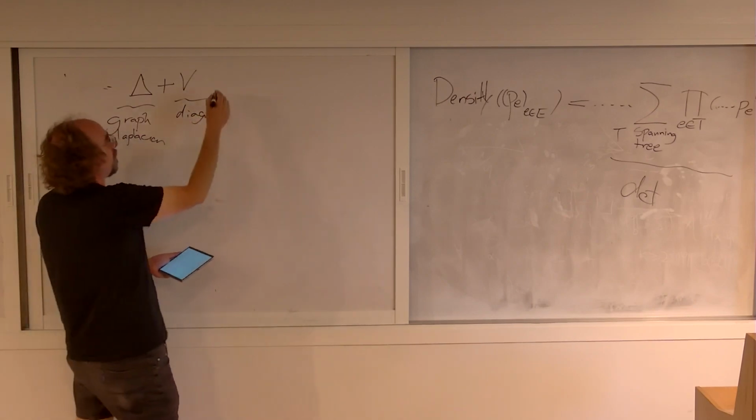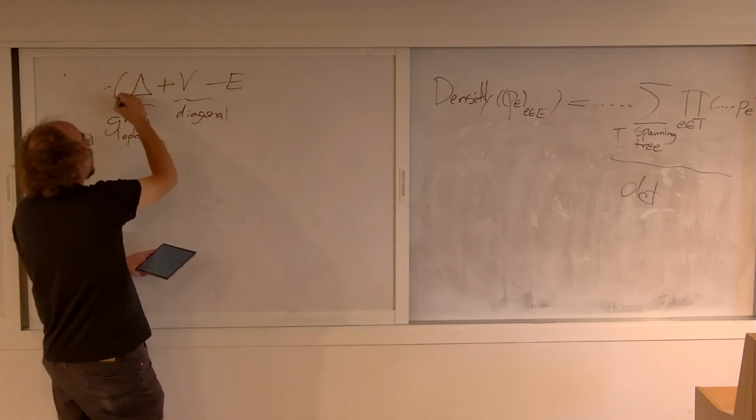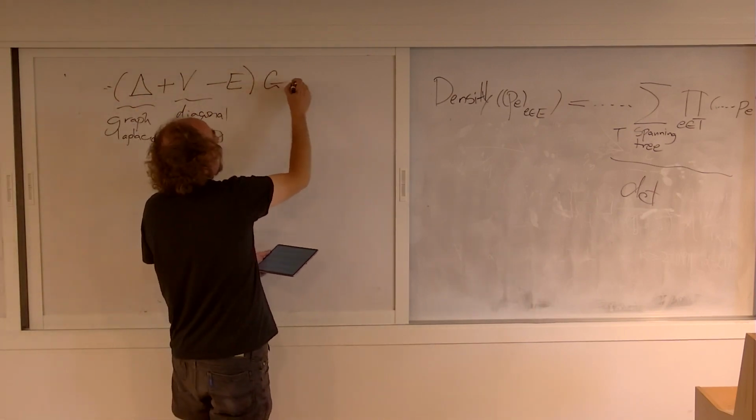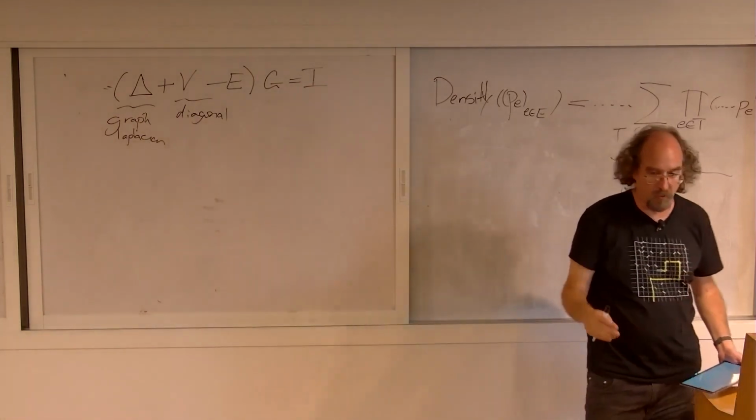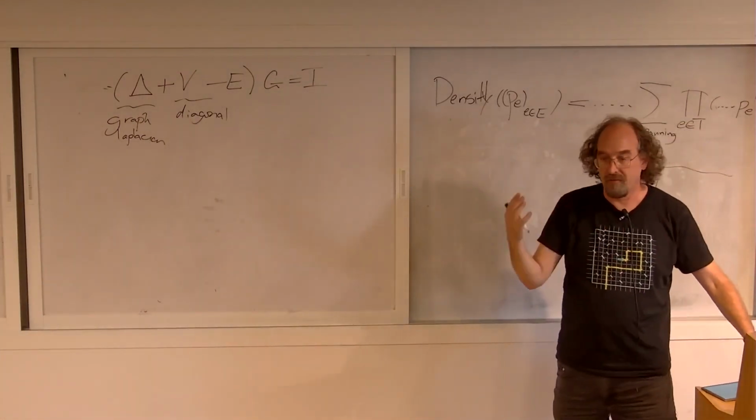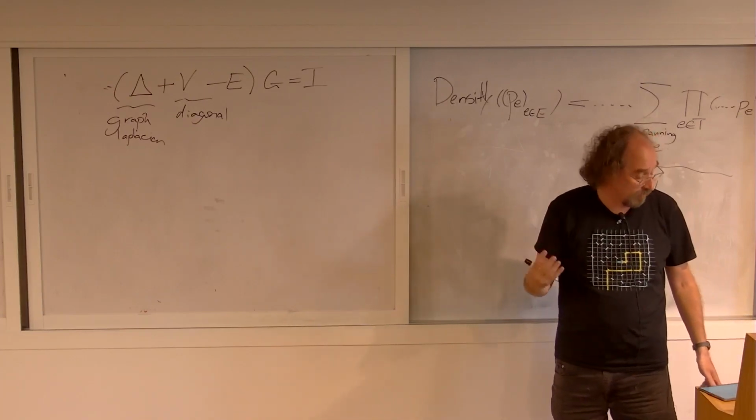Let's subtract also the energy. And the Green function is just defined by inverting the Hamiltonian at a given energy.